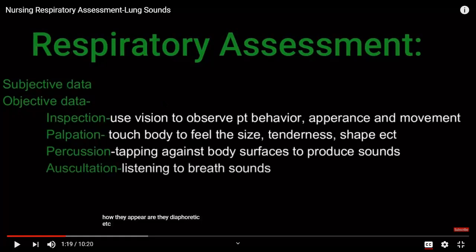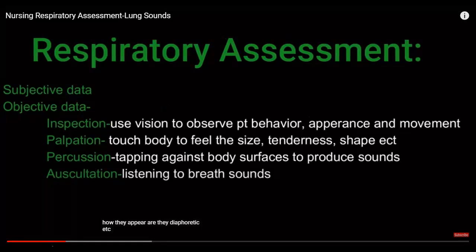If a question comes from health assessment of the respiratory system, they can ask what the sequence of respiratory assessment is. First of all, you have to inspect.